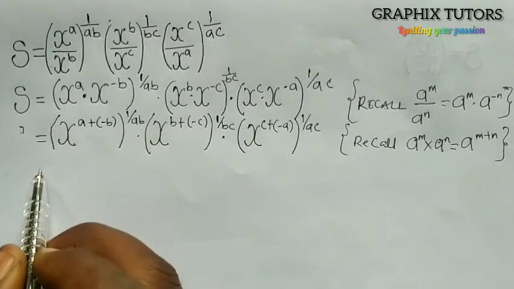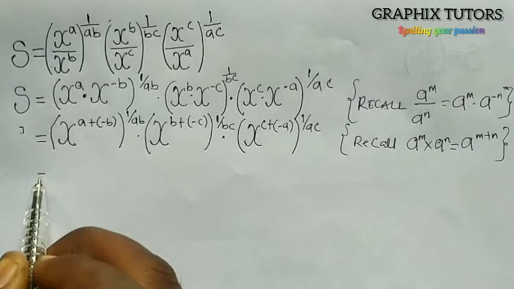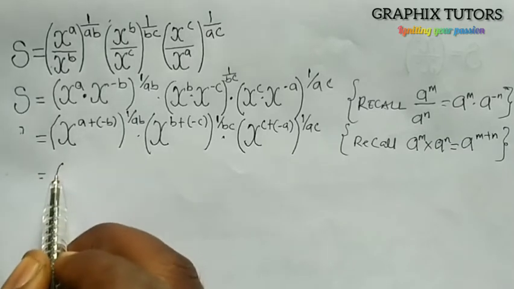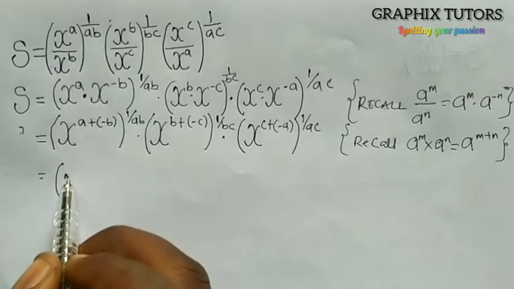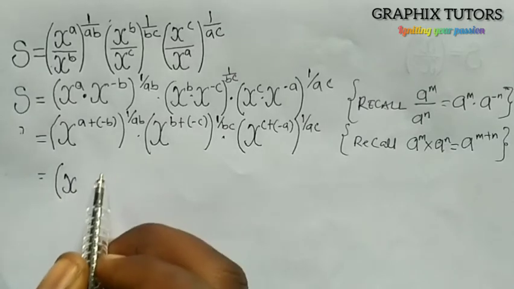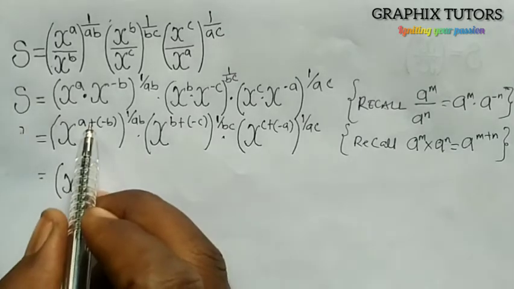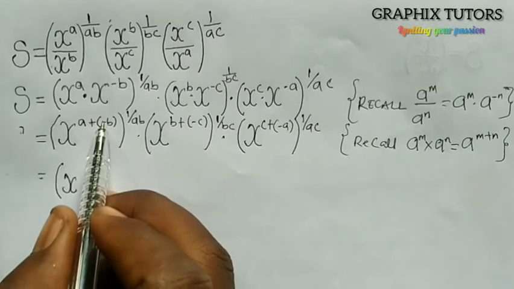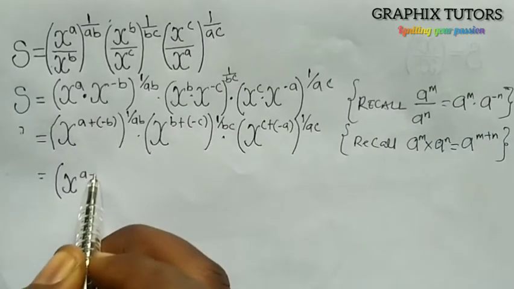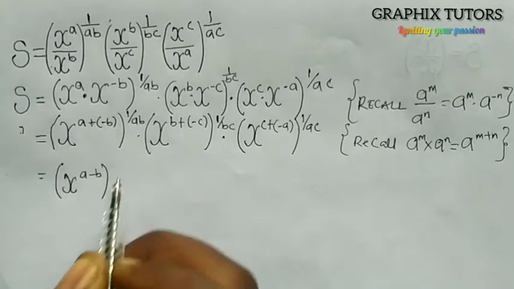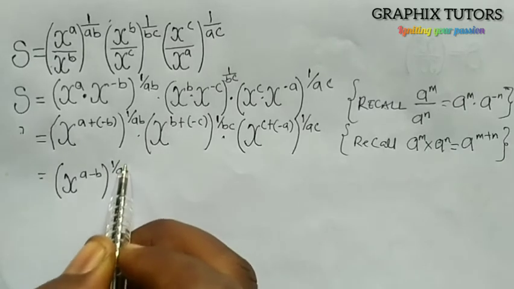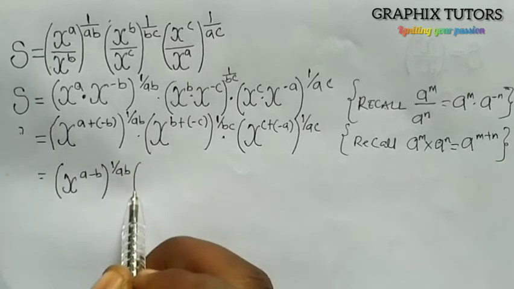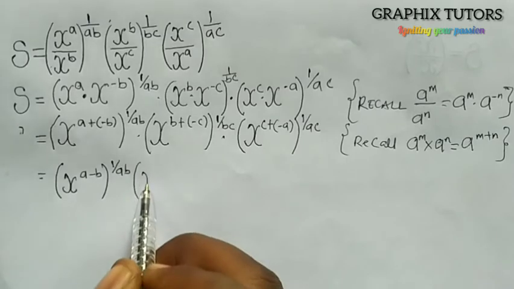From here, I have x to the power of a plus, this is plus times minus is minus, so I'll be left with a minus b. So I have 1 over ab. I open the bracket again, the other one, I have x.